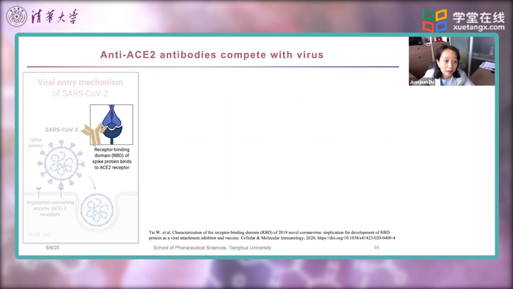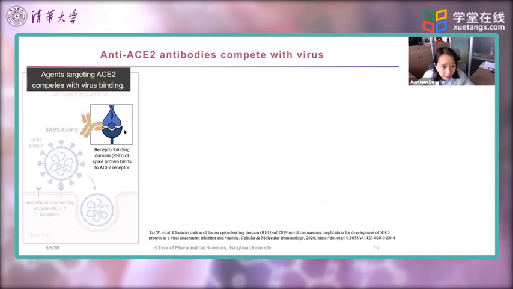All right. So we just targeted the S protein of this virus. Now I have another question. There are two binding partners, the S protein and the ACE2 receptor. Can we target the ACE2 receptor to compete with the virus binding?